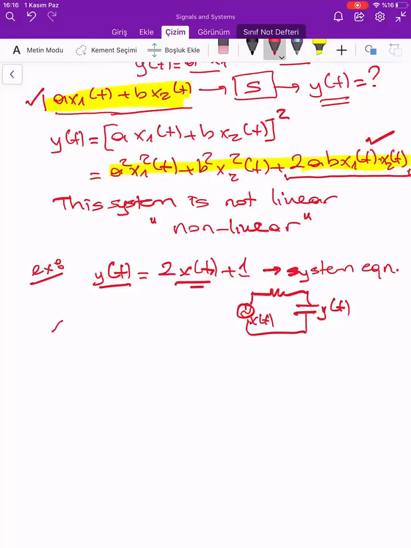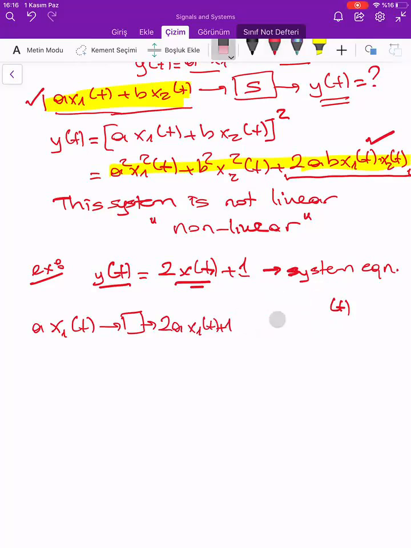Okay, when you think about that, what would you see? If I have a x1 of t as my input, my output would be 2a x1 of t plus 1, right? So let me erase this part.